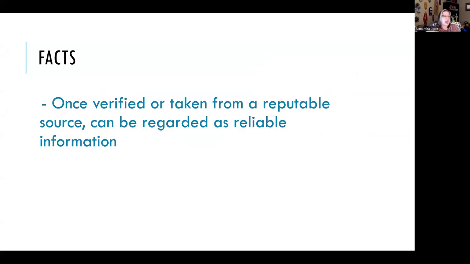You don't want to say "everyone knows" or "9 times out of 10." Those are blanket statements. We want to refrain from that. But if you can establish that something is common knowledge, that's not necessarily something that we would want to say in a research paper at this level, like saying the sky is blue.